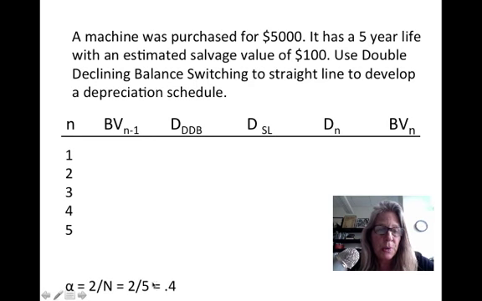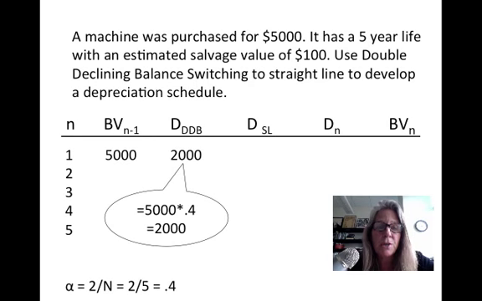The first thing we need to know is that alpha in this case, because it's a 5-year life, is 2 over n, which is 0.4. So I start with the book value of $5,000, and that's book value in time period 0. Then the depreciation using double declining balance is the initial value minus all depreciation to date, which is 0 because we're in time period 1, times the alpha value.